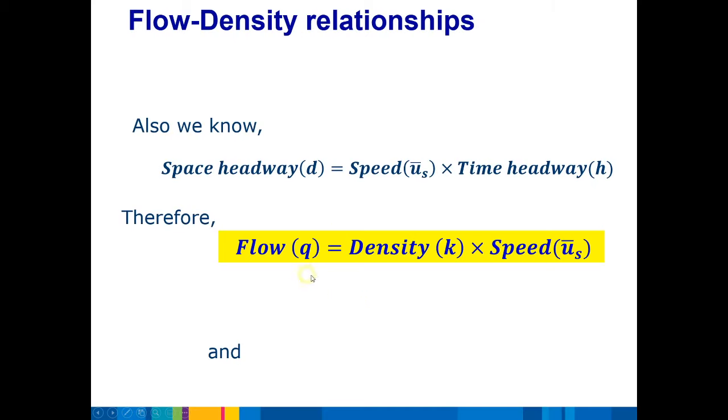If you expand the units on each of these, flow has units of vehicles per hour, density has vehicles per kilometer, and speed has kilometers per hour. So kilometers cancel when we multiply these together, and vehicles per hour is vehicles per hour. Sorry for my terrible handwriting, I'm just using a mouse to draw this.